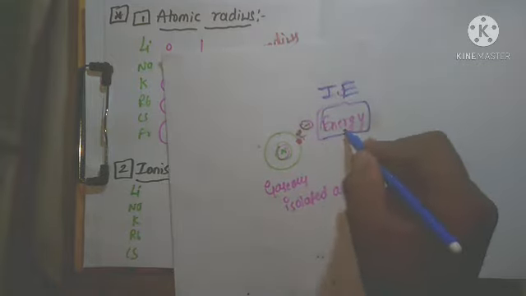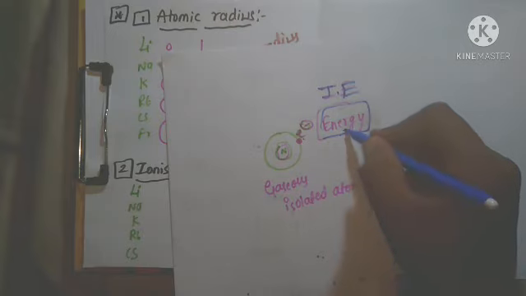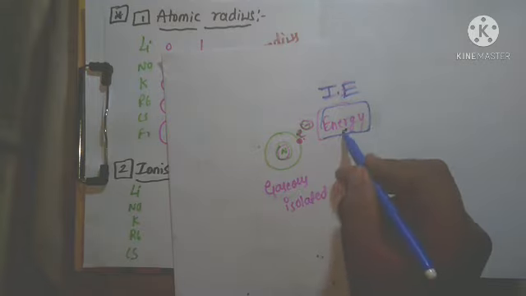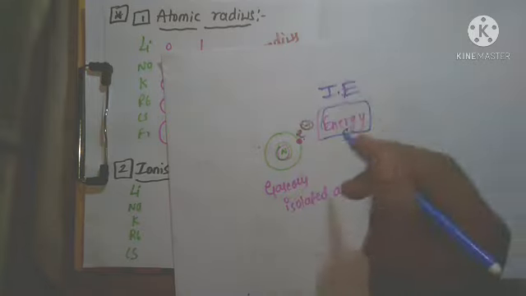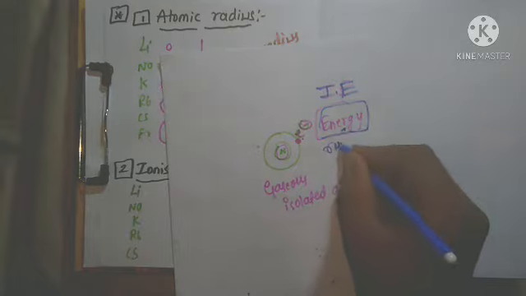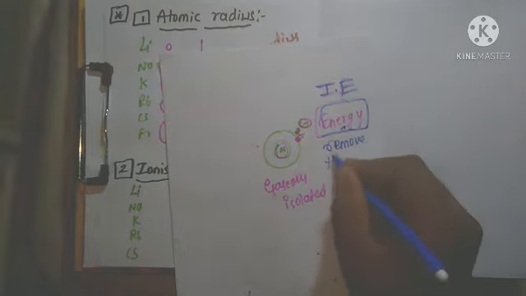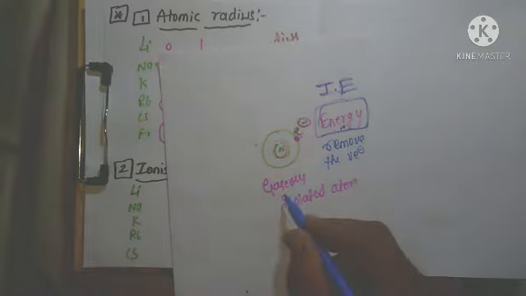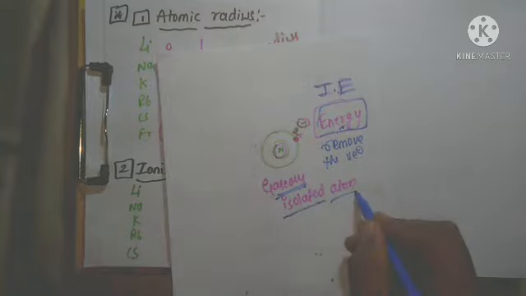It is the amount of energy required to remove the valence electron from the outermost shell in an isolated gaseous atom.